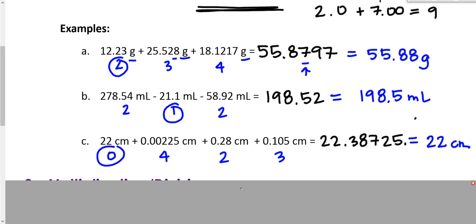But in this class, you're going to have to say that you actually know one more digit after the decimal, because that's your smallest amount, is this one right here. So here's where you'd have to write 9.0 as your answer. So be aware that you might have to add numbers after also, which tend to be zeros when you do that. And that's how you round your answers when you're adding and subtracting.